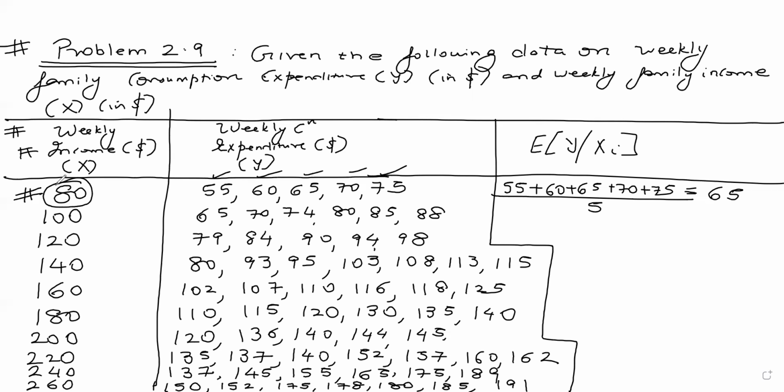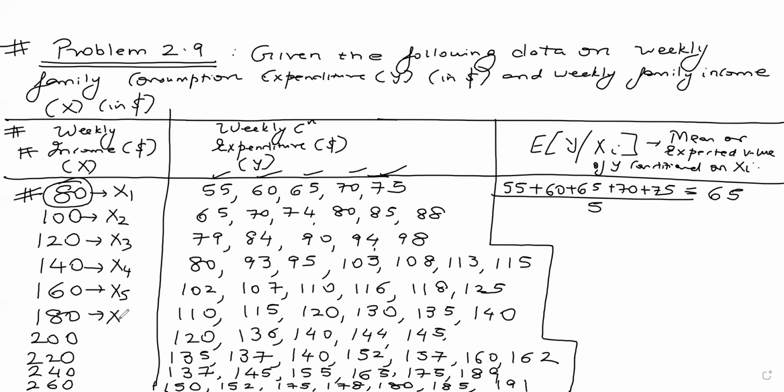That means for a fixed value of x, we have calculated the mean or the expected value of y, conditional on xi. So this is my x1, this is x2, x3, x4, x5, x6, x7, x8, x9, and the last one is x10. So this is nothing but expected value of y conditional on x1.